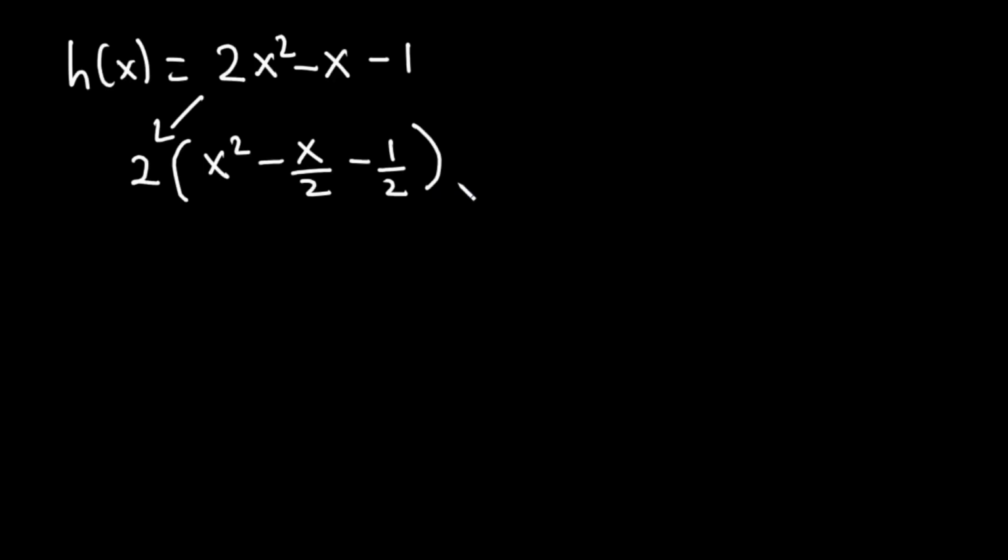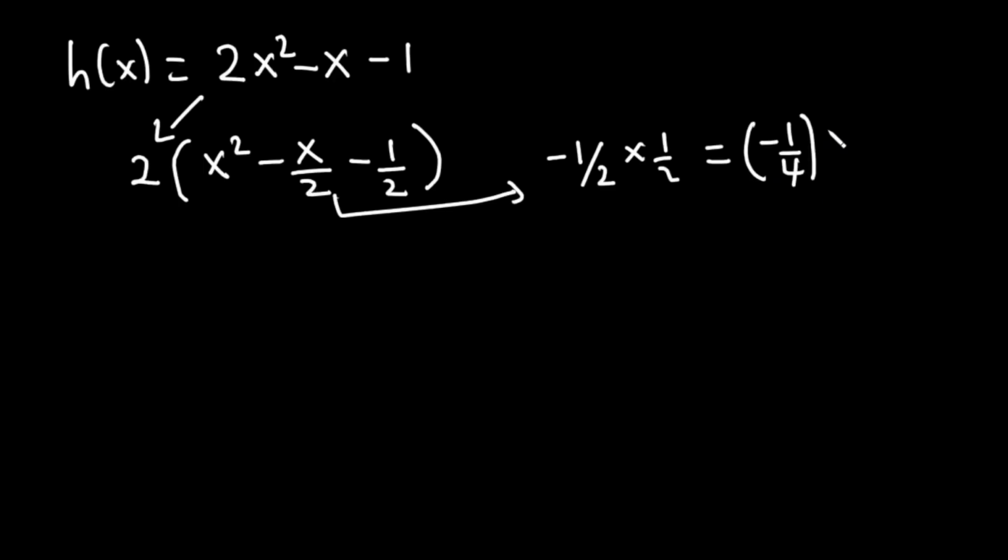Next, we need to add and subtract the square of half the coefficient of x. Now the coefficient of x is negative 1 over 2, so half of it is times 1 over 2, which is equal to negative 1 over 4, and the square of negative 1 over 4 is negative 1 over 4 squared. So now let's fuse that into the equation.